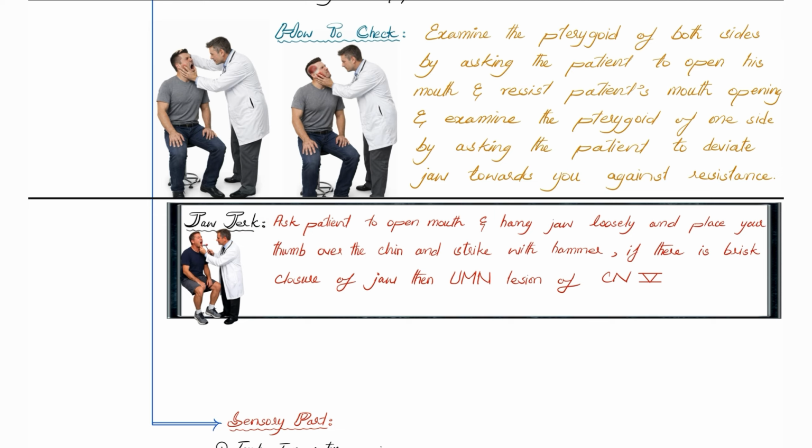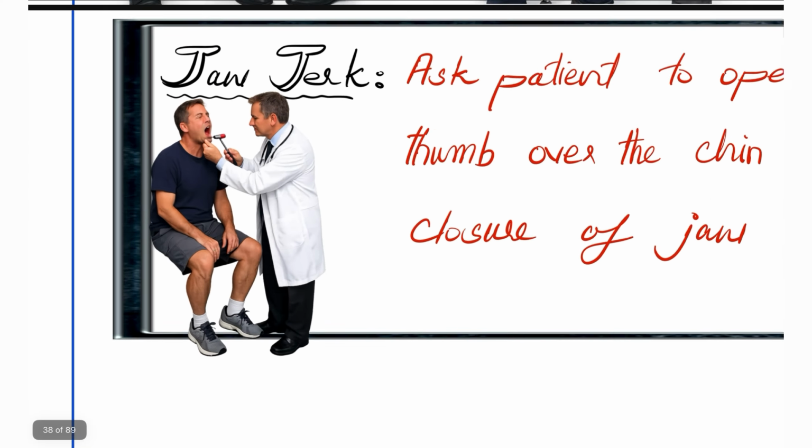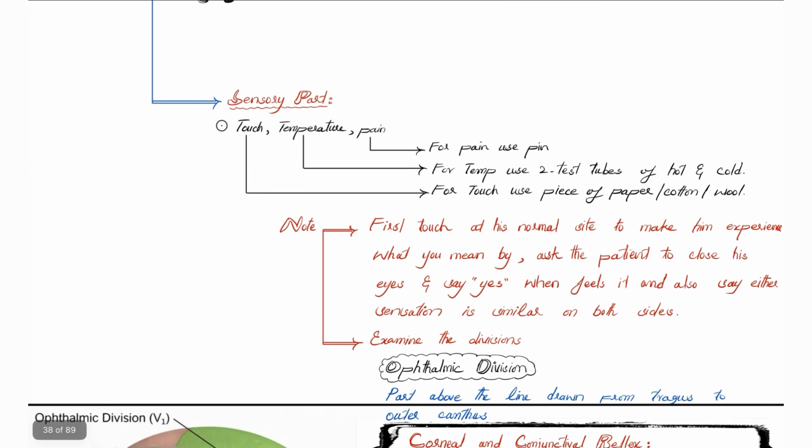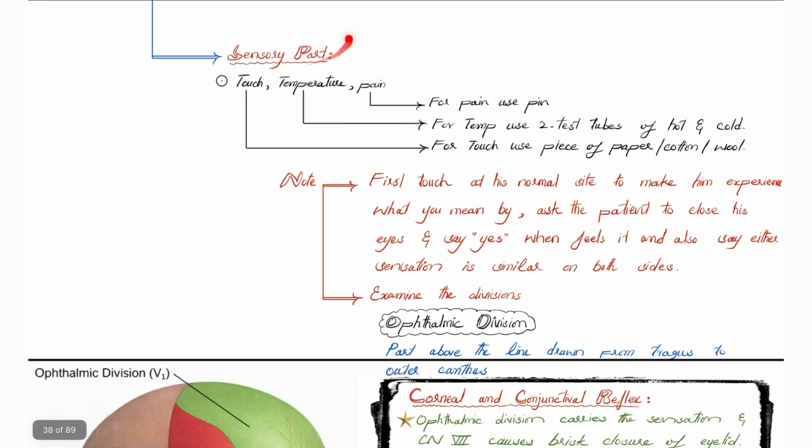Ask the patient to open his mouth and let the jaw hang loosely, place your thumb over the chin and strike it with a clinical hammer. If there is brisk closure of the jaw, then there is an upper motor neuron lesion of the trigeminal nerve.